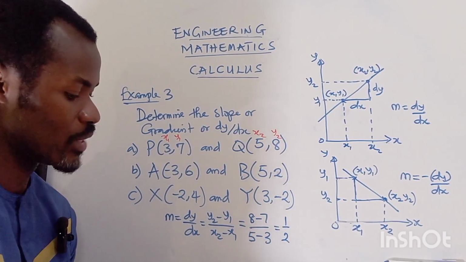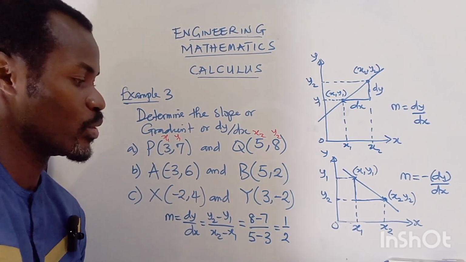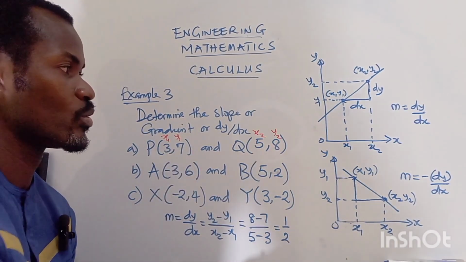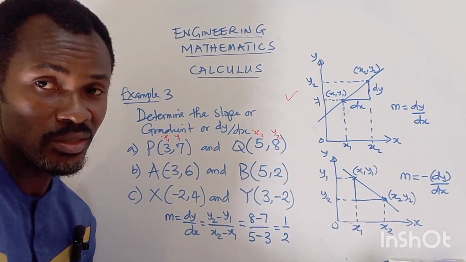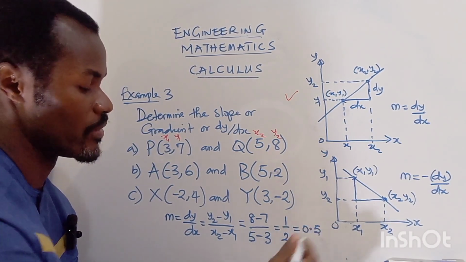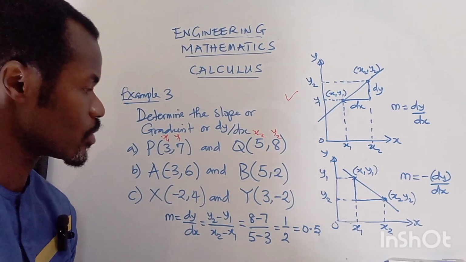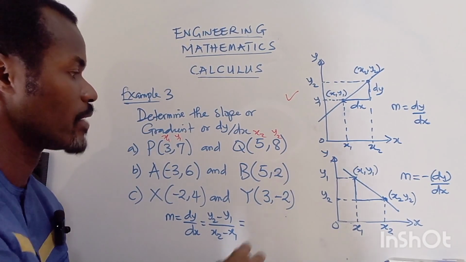This is a positive slope or gradient, so our graph, if we draw this, is going to look like this. Sometimes you can leave your answer in decimal, which is 0.5. So the first one is half or 0.5.